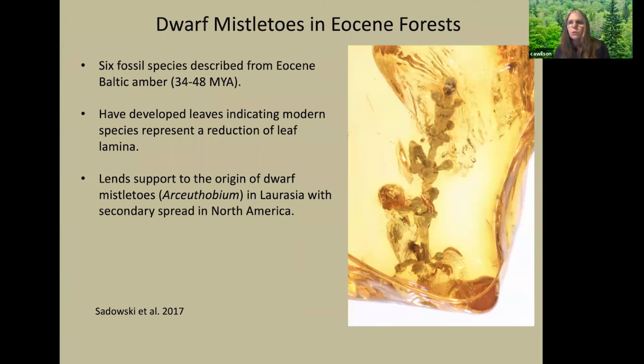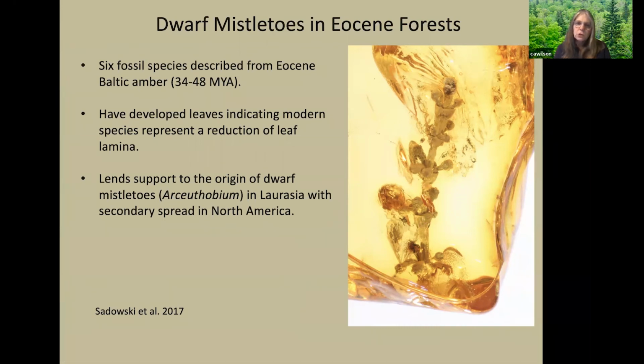So they're rather reduced, but it does look as though Arceuthobium in the past had leaves, and those leaves have become further reduced through time to where now they really are just these very small reduced leaves, that are just really the leaf bases plus a little bit.